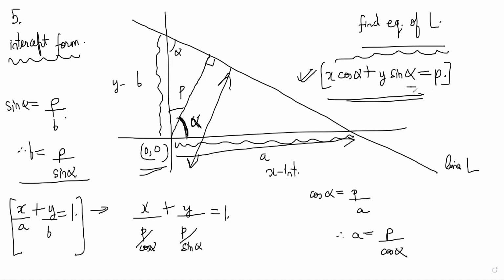You have written everything, no? I'm just giving a minute. Okay. So intercept form is basically x by a plus y by b is equal to 1, right?